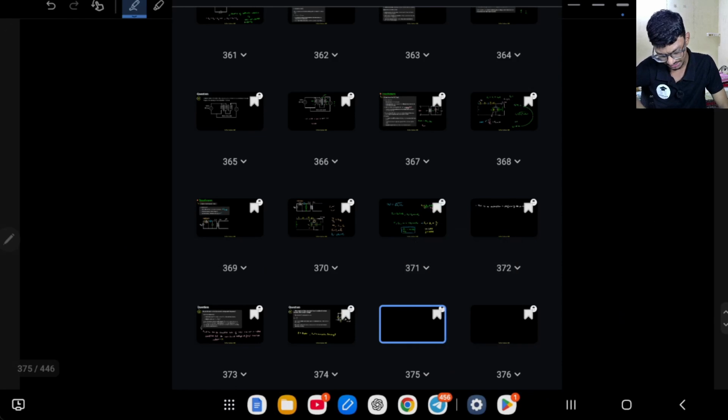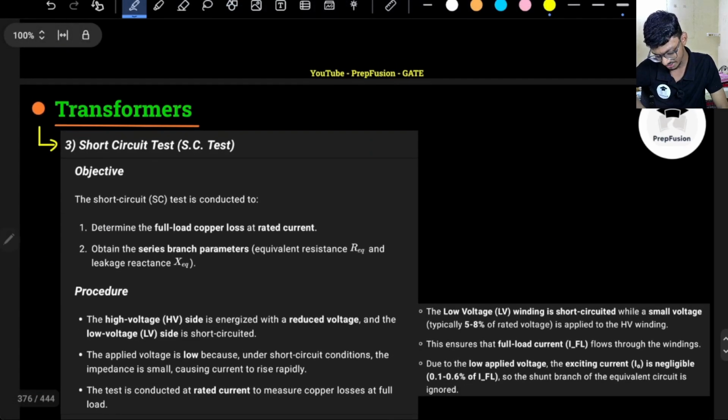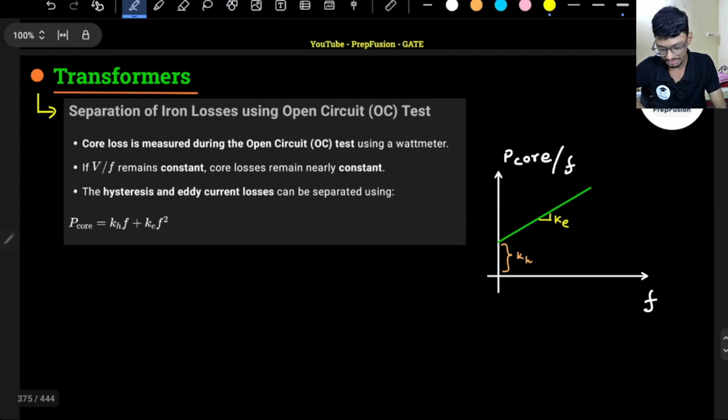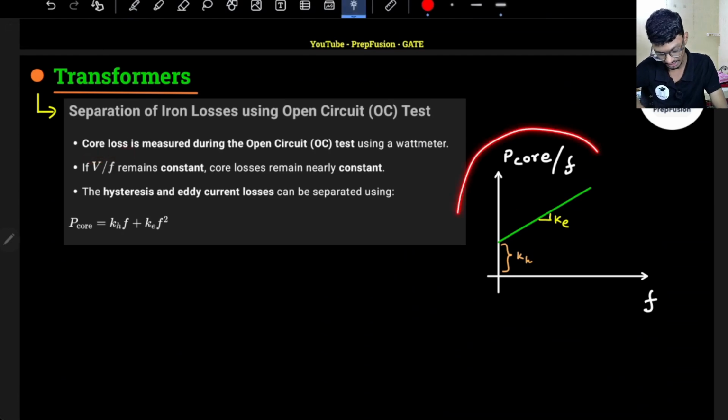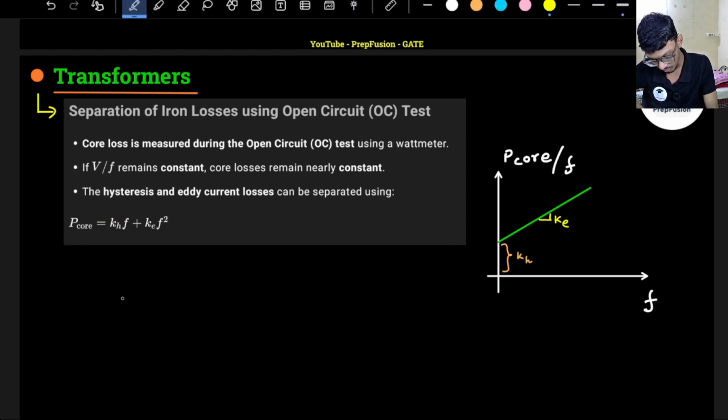Now in the open circuit test, we have already previously discussed the separation of losses. We had already discussed that our iron losses can be specified by a graph like this. It is P core divided by f, which will be a straight line. The slope will give me the eddy current constant, and the y intercept will give me the hysteresis constant.